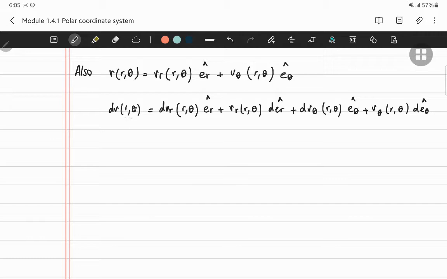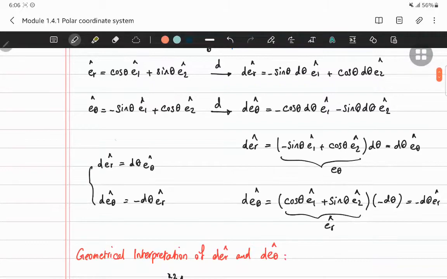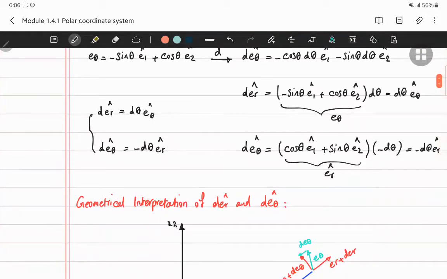So here, I simply write this as dv equal to dv_r e_r plus v_r de_r plus dv_theta e_theta plus v_theta de_theta. Perfect. Now I'm going to substitute this de_theta and de_r from here. So let's call this star.